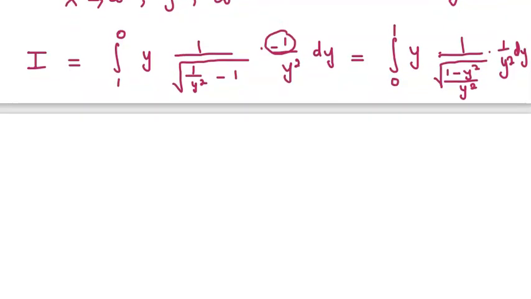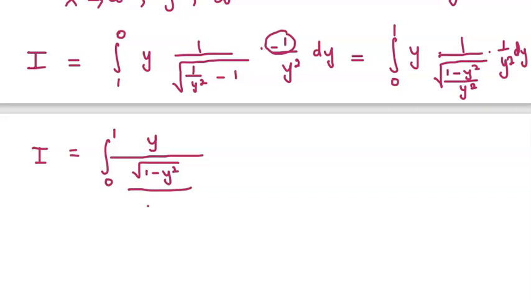Okay, so from here now, I will be equal to the integral from 0 to 1. So we have up here y, divided by that square root there, which we can rewrite as the square root of 1 minus y squared, then divided by another square root of y squared, right?